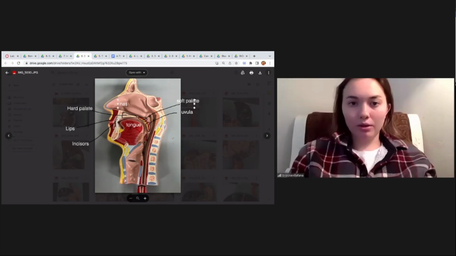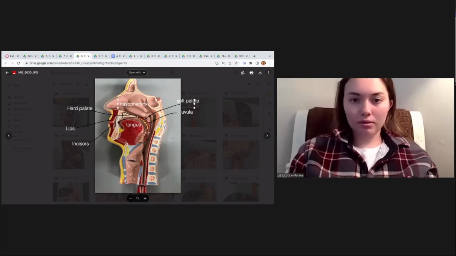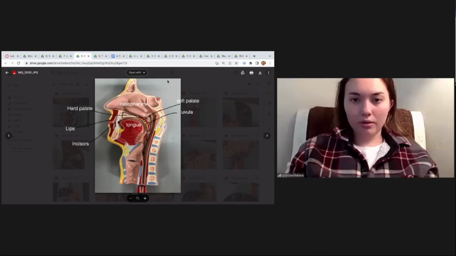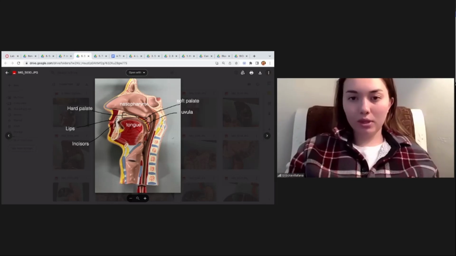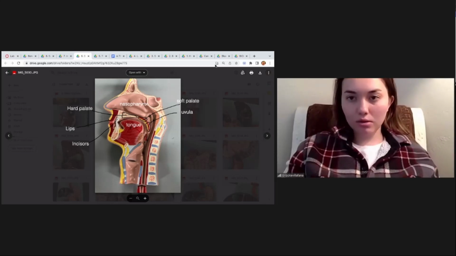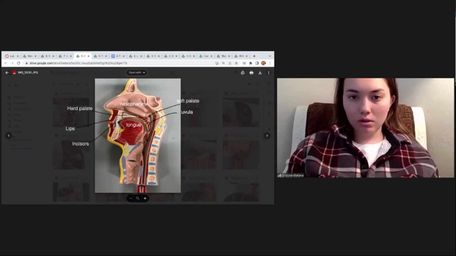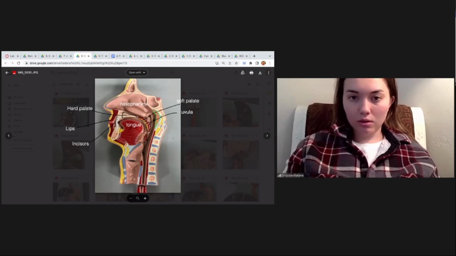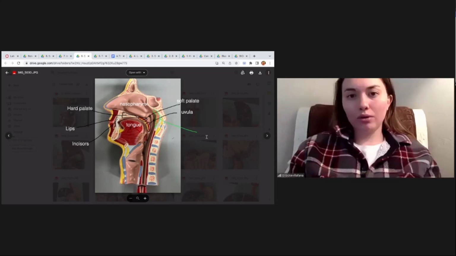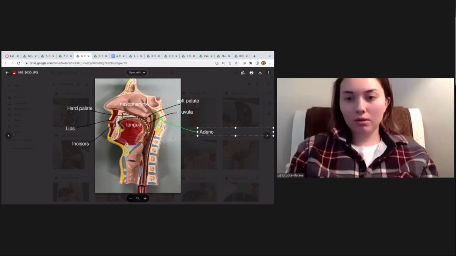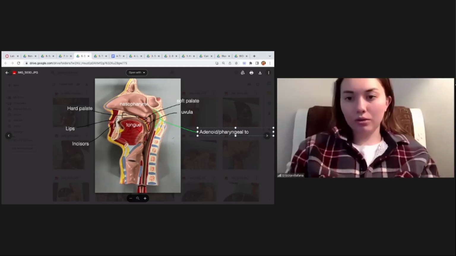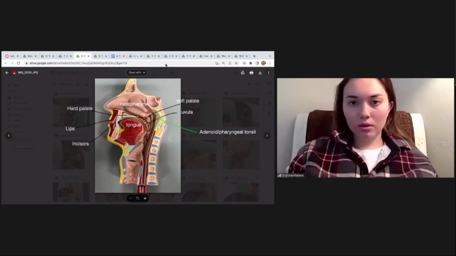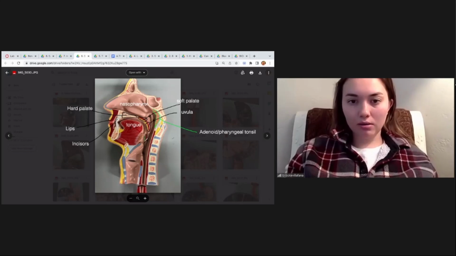Up here, your nasopharynx. Okay. Then you have your different types of tonsils. I'm going to switch to a different color. Let's do green for tonsils. This guy, it's kind of weird looking, but that's your adenoid, pharyngeal tonsil. Then we have our palatine tonsil right here.